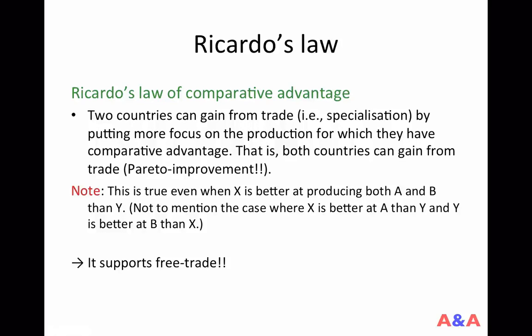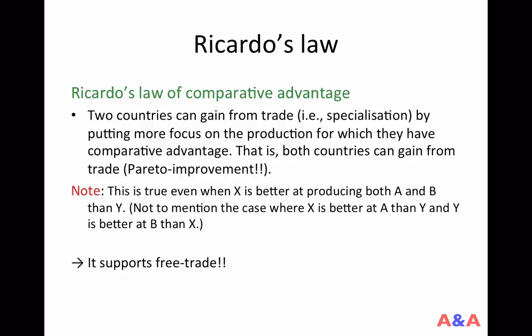Imagine two countries, a developed country like United States and some developing country. The US is better than the other country both in agriculture and in manufacturing. Let's say the United States has comparative advantage in manufacturing. In that case, the developing country has comparative advantage in agriculture.